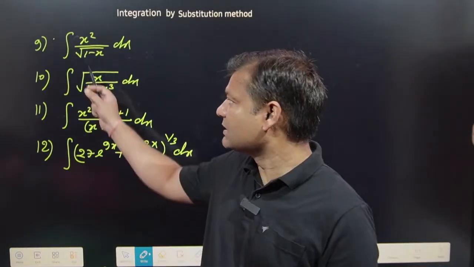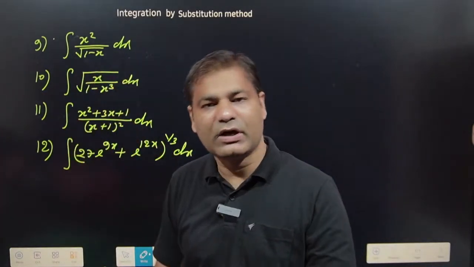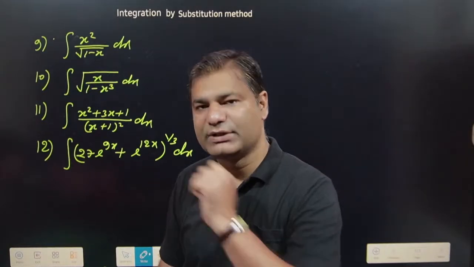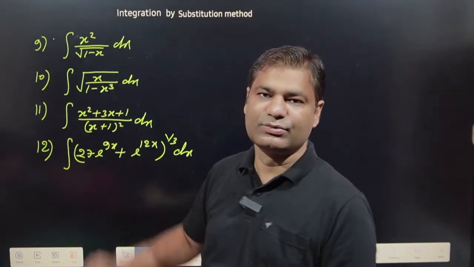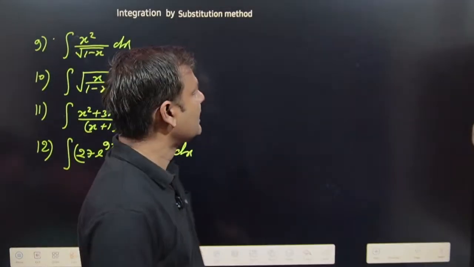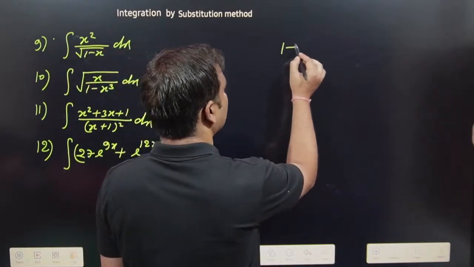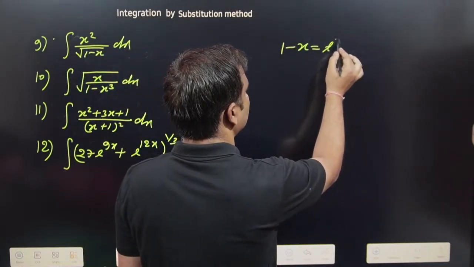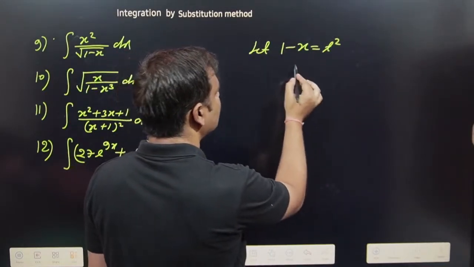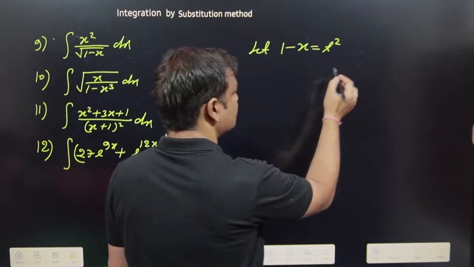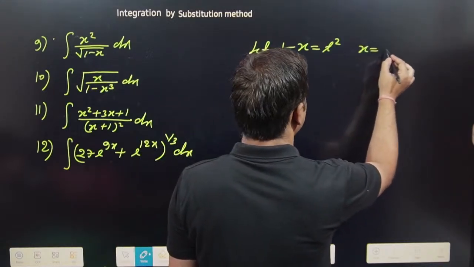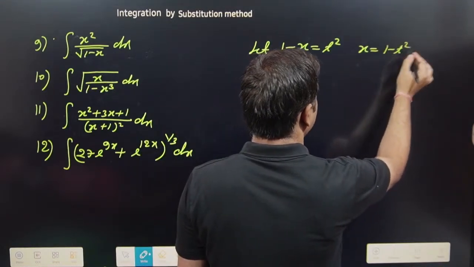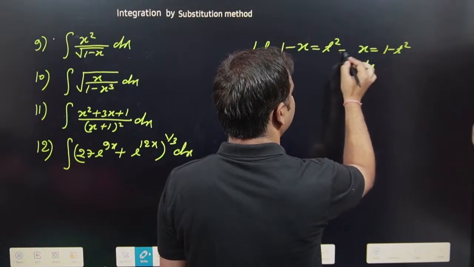Okay, so basically here under root 1 minus x, so always take 1 minus x equal to t square, then the root is also eliminated. So you can say that 1 minus x will equal t square. Let here, so what about x? X is replaced to 1 minus t square. So what about dx?